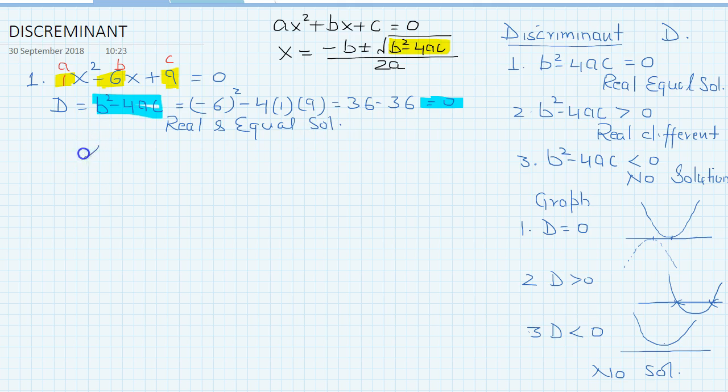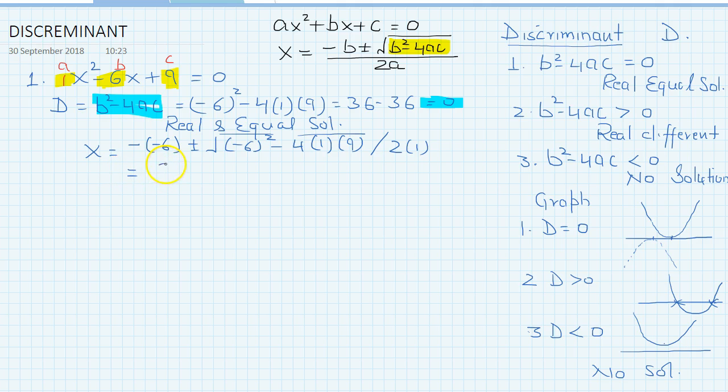Let's find out. So x is equal to minus b, that is minus 6, plus minus root b square, that is minus 6 square, minus 4, a is 1 and c is 9, over 2, a is 1.